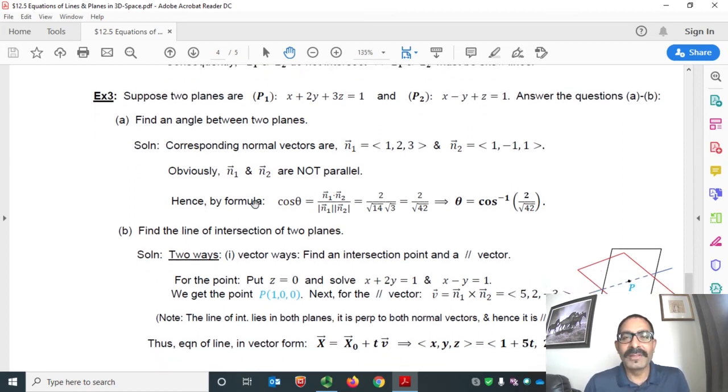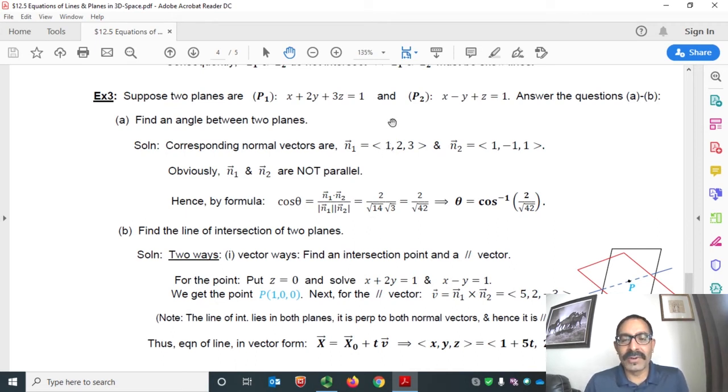Hence, by formula, if the angle between these two planes is theta, that means if the angle between these two normal vectors is theta, then we have the formula: cosine theta equals n1 dot n2 over magnitude of n1 times magnitude of n2. So here's n1 dot n2, just take the dot product. We multiply the corresponding components and add them. 1 times 1 plus 2 times minus 1 plus 3 times 1. It turns out to be 2 over magnitude of n1.